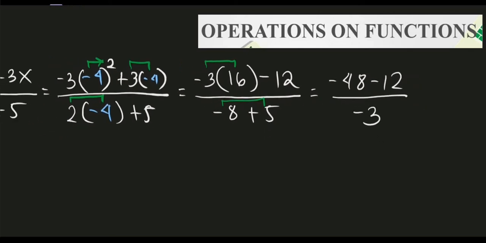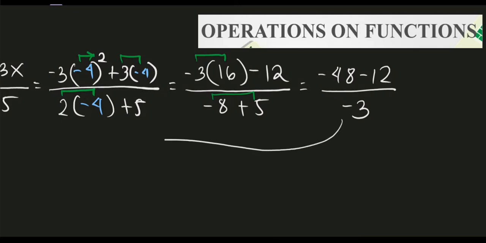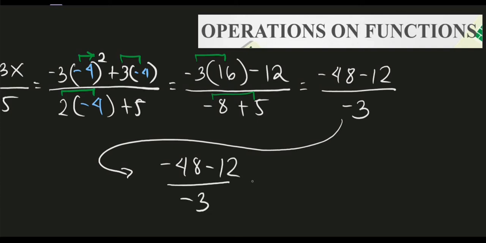That means we have negative 48 minus 12 all over negative 3. Negative 48 minus 12 is equal to negative 60. Divide this by negative 3, and the negative signs cancel out.